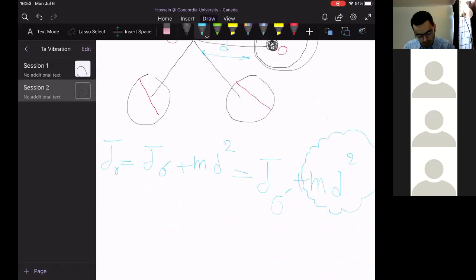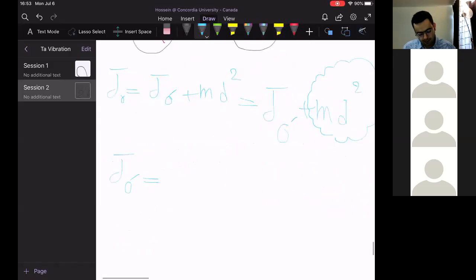For calculating the J around point O prime, if we were facing a very simple disk, for example, in which mass is evenly distributed around this system, we would have a specific formula.